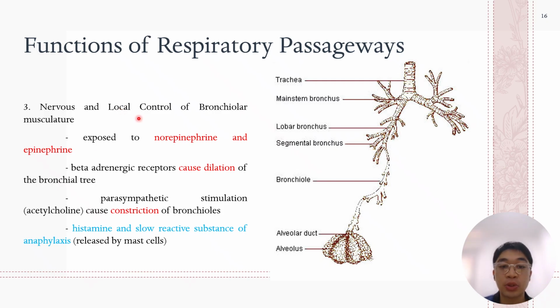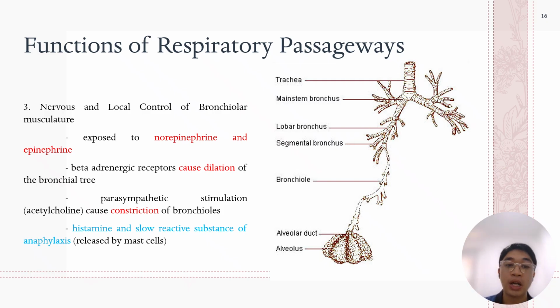Now, for the nervous and local control of our bronchiolar musculature, take note that the bronchial musculature is highly exposed to large concentrations of norepinephrine and epinephrine. These are, sorry, not beta receptors, but beta adrenergic stimulants.